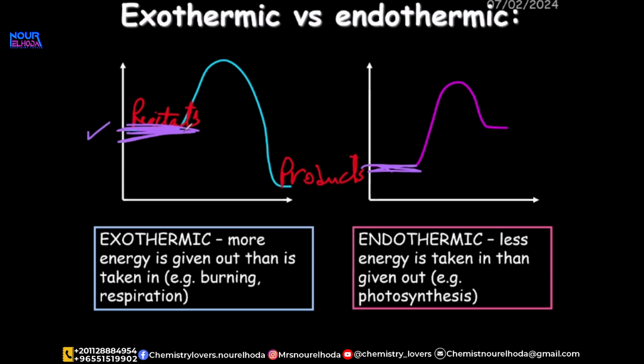Why? If it's going to release energy, يبقى أكيد from the beginning it was having a lot of energy. That for sure. So that's why I put the reactants up. طب if it is going to be endothermic, يبقى I need to put the reactants down. Why should I put it down? لأنه it's endothermic, يعني I will take a lot of energy.